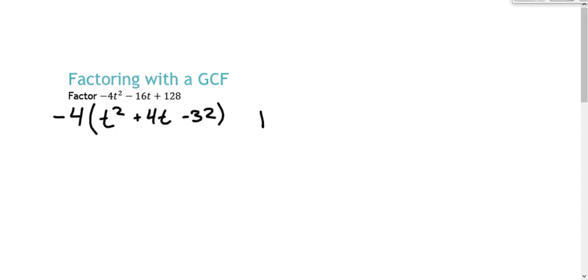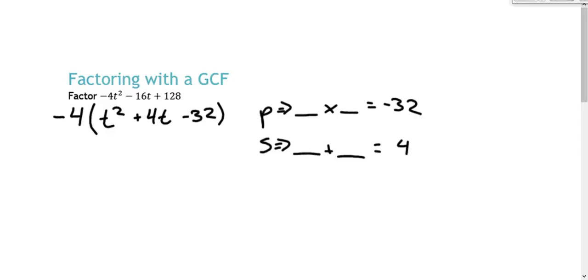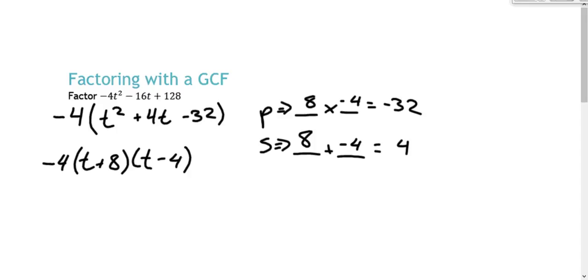So we need a product, two numbers that multiply to negative 32, but also sum to 4. It's going to be 8 and negative 4. So then this breaks down to negative 4, times t plus 8, and t minus 4.